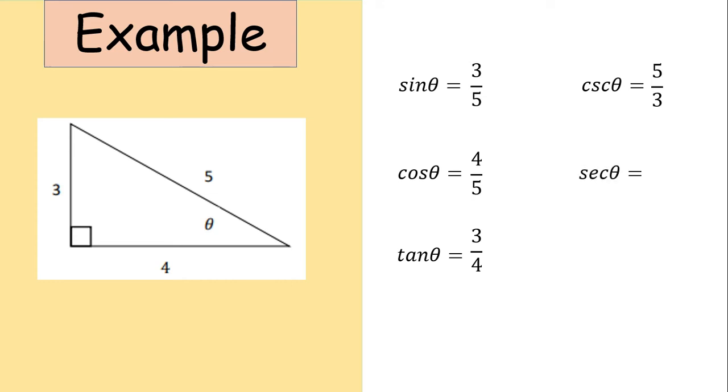Si secant theta naman, that is SHA, hypotenuse over adjacent. So, 5 over 4. And cotangent is CAW. So, adjacent over opposite. So, 4 over 3. So, makikita nyo, sila lang ay inverse nitong SOHCAHTOA. So, magkabaligtad lang sila. Ngayon, ilagay natin sila sa problem solving.